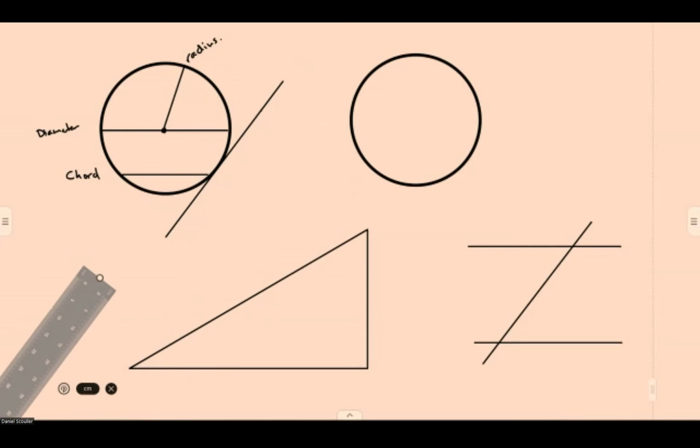Now this is usually labelled up with letters that start and finish, but also where the point of contact is. Now this is called a tangent. So that goes outside the circle and touches it in one place.